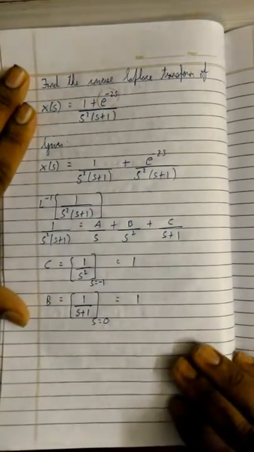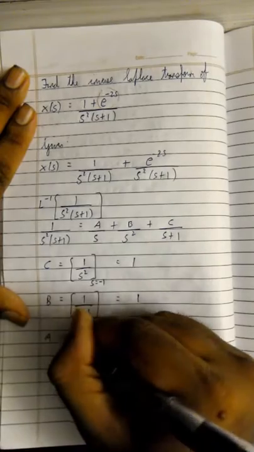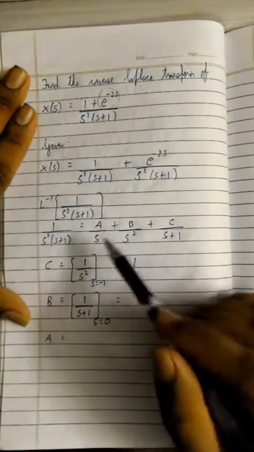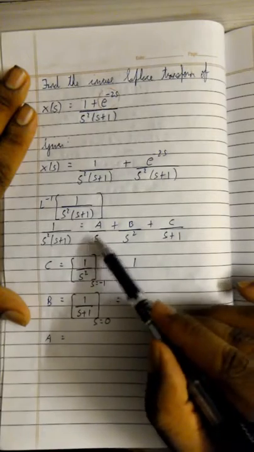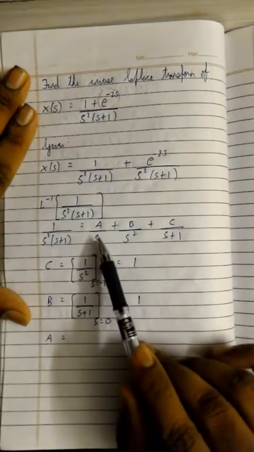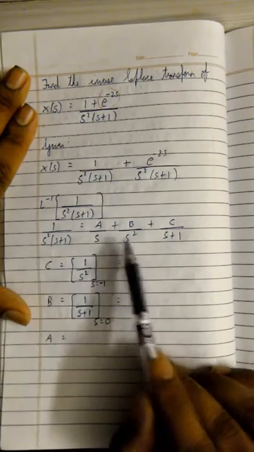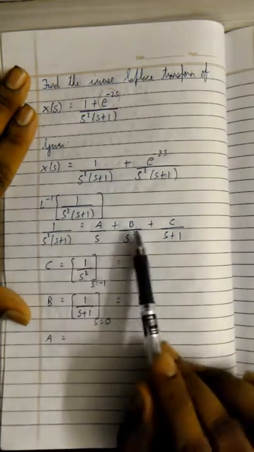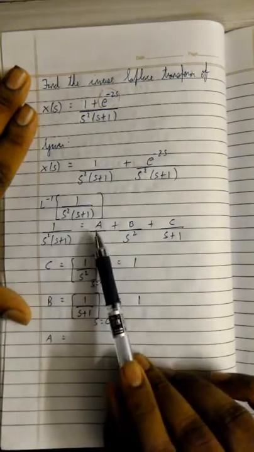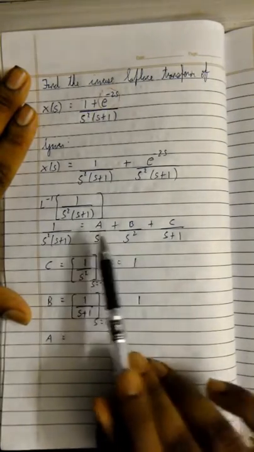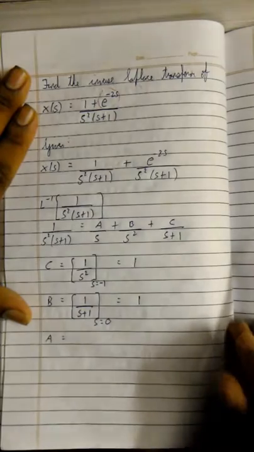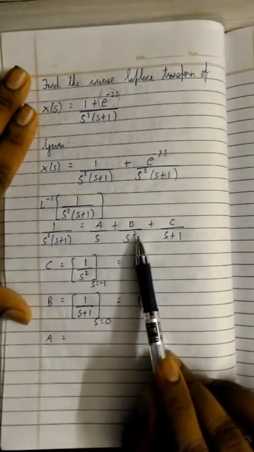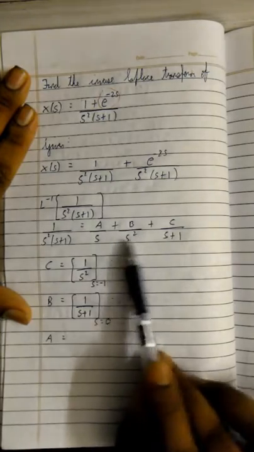Now you are going to find the value of A. To find A, you cannot apply this method because the denominator of A is incomplete. It has only one factor, s, whereas it is supposed to be s square. But A and B are related to each other. Just simply apply differentiation, and the difference between the two powers of s is 1.